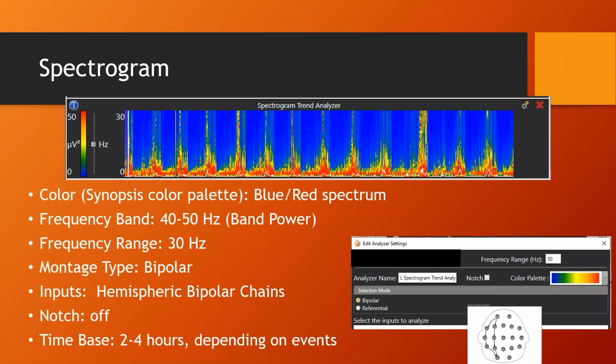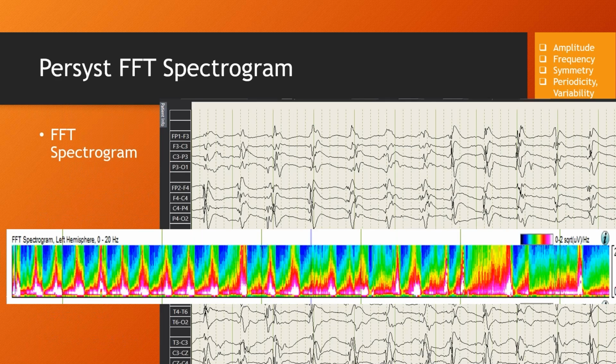We could also use the spectrogram to identify seizure activities, as you see in this seizure patient. We can adjust the frequency range. We can, again, determine what our inputs are and adjust our time axis, all within the analyzer settings.